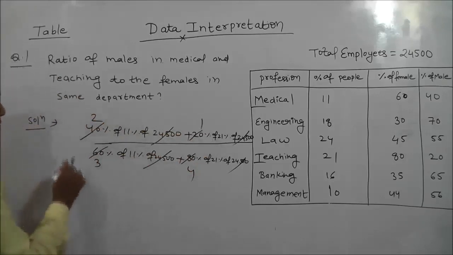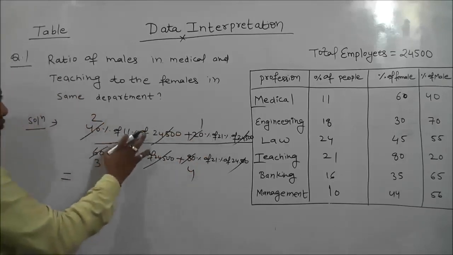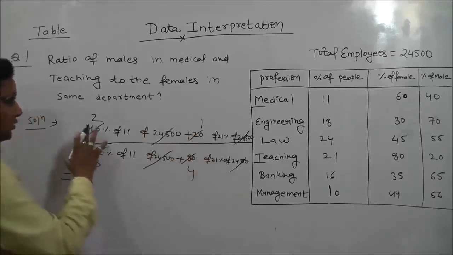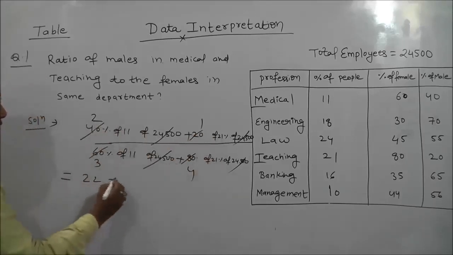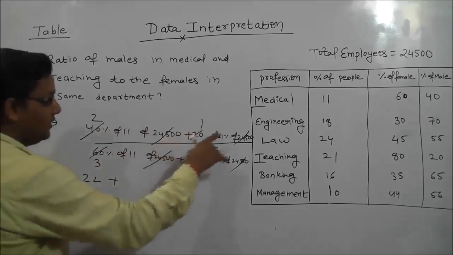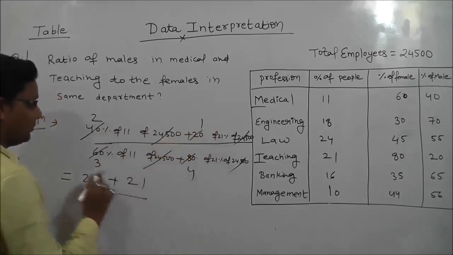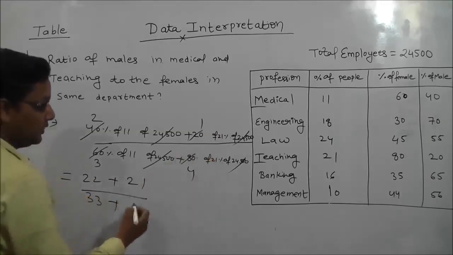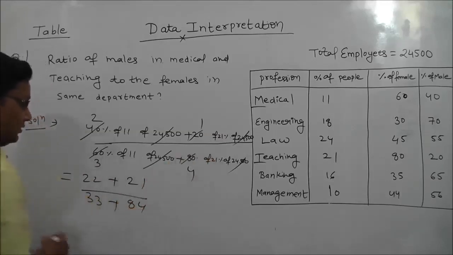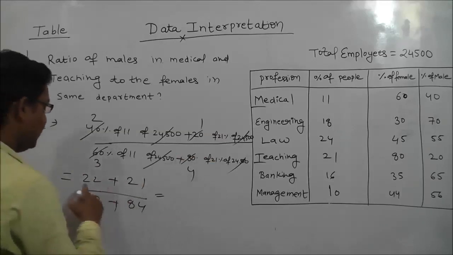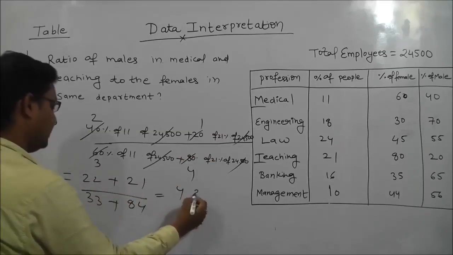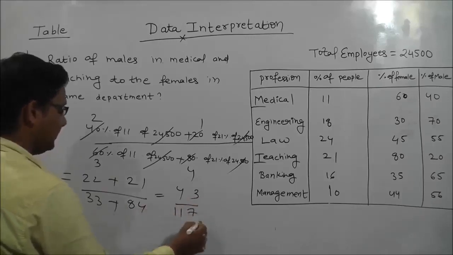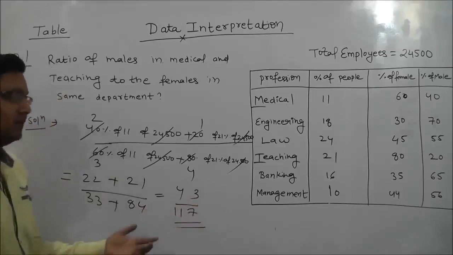We have to find the ratio, so there is no use of percentage. So 2 into 11 is 22 plus 1 into 21 is 21, 3 into 11 is 33 plus 4 into 84. So the value will be 43 upon 170. So this will be the ratio.